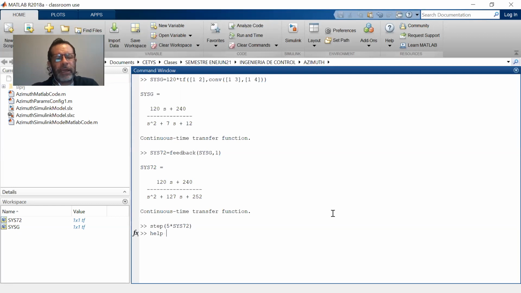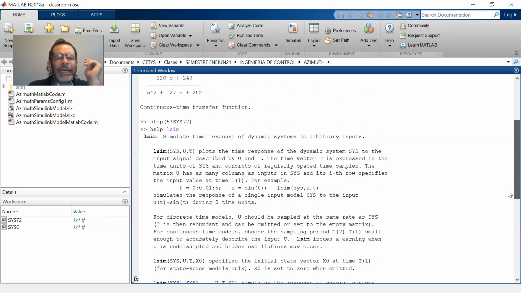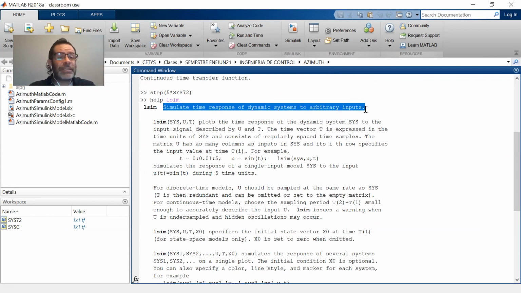And I'm going to call up help for a function called LSIM. You can do the help also, and you can search with F1. Now, what does LSIM do? LSIM simulates the time response of a dynamic system to an arbitrary input. What does this mean? We can define any sort of input we want and provide it to a certain system, and LSIM is going to graph it.